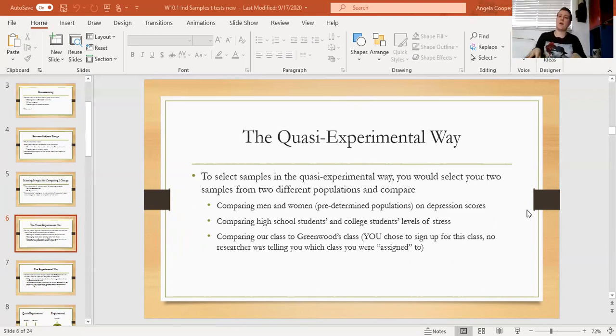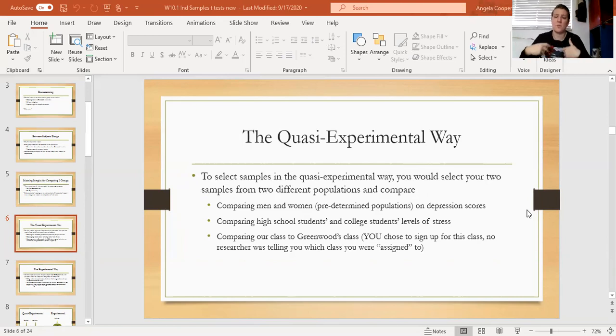Now, this is where we're selecting the people that are going to be in our sample from two different populations and comparing. Just like how we talked about in previous weeks, quasi-experimental does not have random assignment to groups. If we were looking at age or gender, we don't flip a coin and say, you're going to be 50 today, or we're going to assign you as a trans male today.